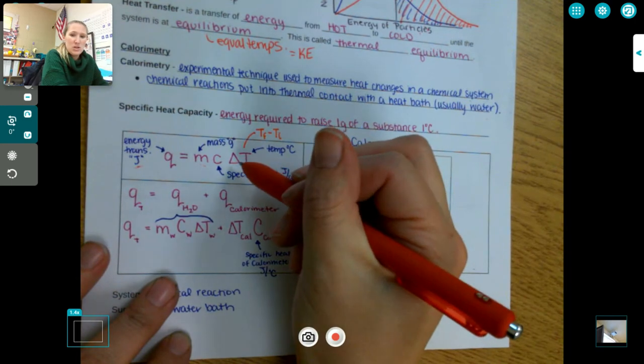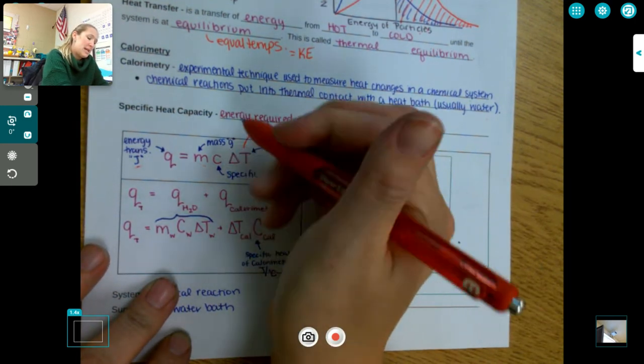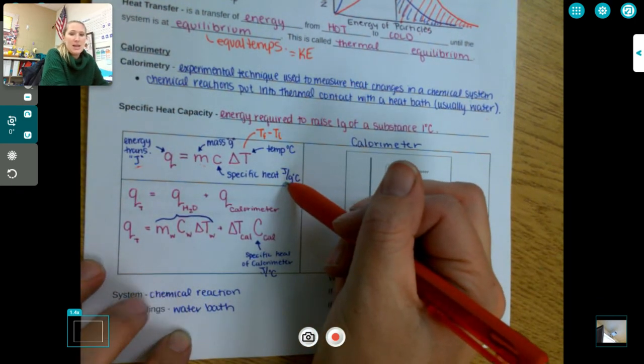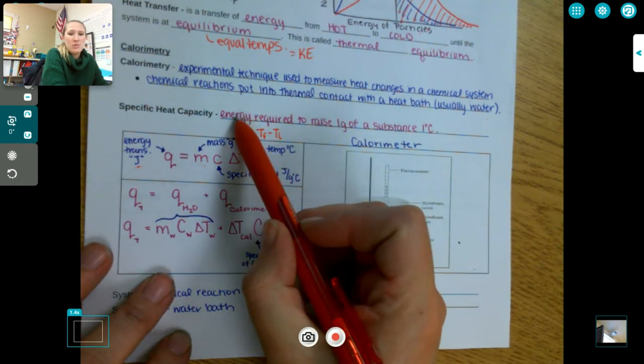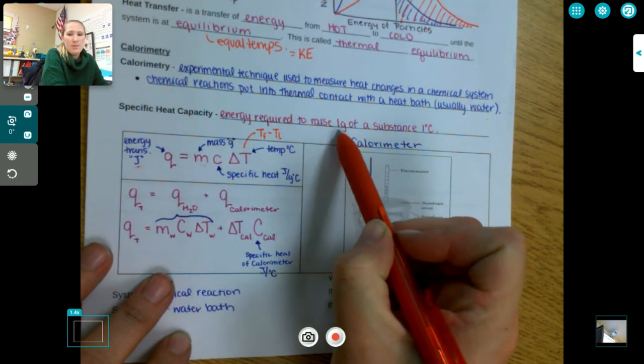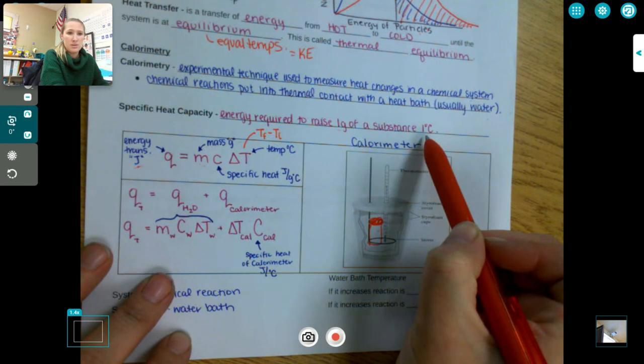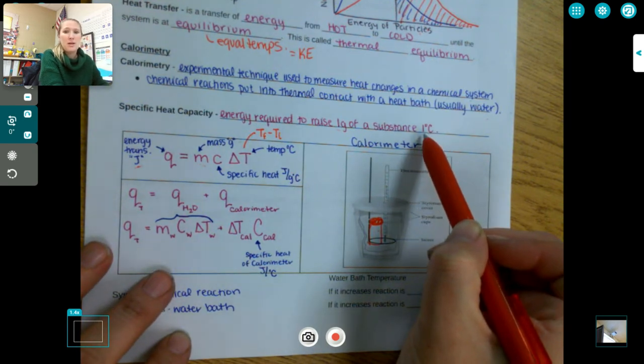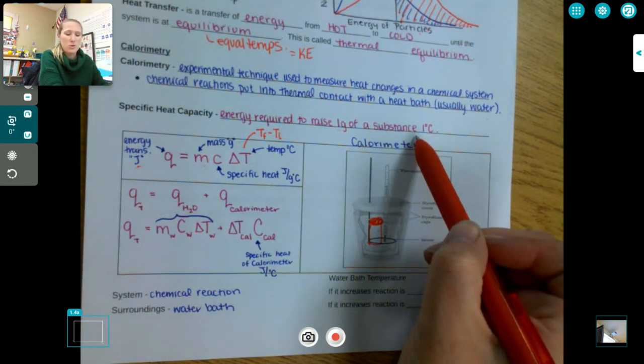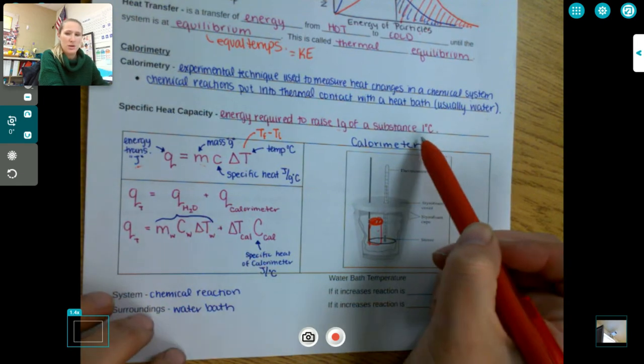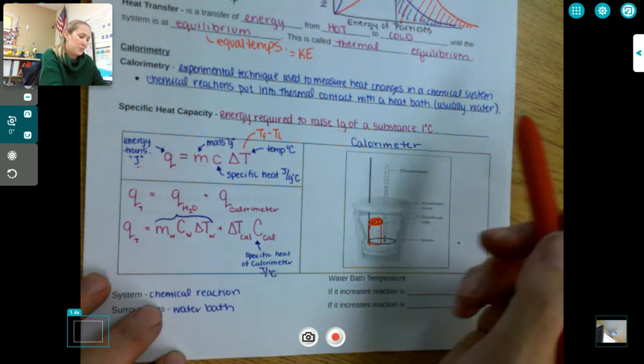So delta just means change in. And C is specific heat. And specific heat is the energy required to raise 1 gram of a substance 1 degree Celsius. So this is experimentally determined, and then we have tables of these values. So you'll be given a table of values if you're asked to find something out based on its specific heat. Otherwise, they're usually given to you.